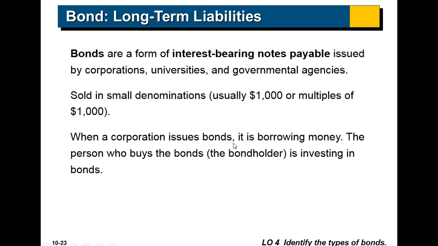Yes? Don't CEOs and stuff get bonds like for free? They just give them to them? No, they get stocks for free, and nothing's for free, they earn them. Not bonds. There's two ways that corporations receive money.